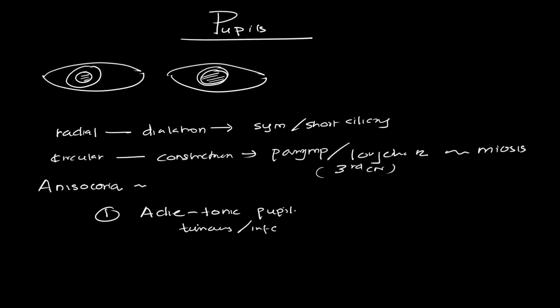So in Adie's tonic pupil, you would see a unilateral dilated eye. So anisocoria, because one eye is actually dilated.